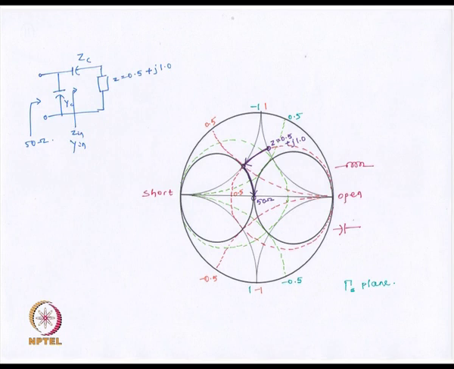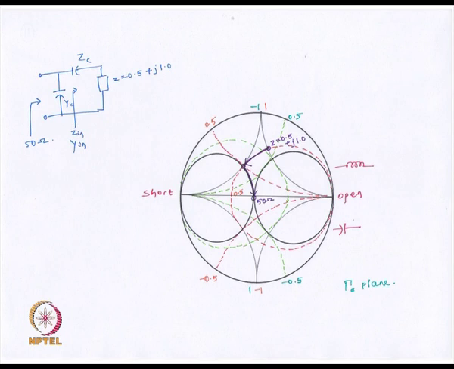Now, the values of these capacitances can easily be computed from these constant reactance and constant susceptance lines. For example, the capacitance value here is that we start from a constant reactance circle of 1 and reach a constant reactance circle of 0.5. So, the capacitance value will be the difference between the two, and so we need a YC of 0.5 for implementing this series impedance.